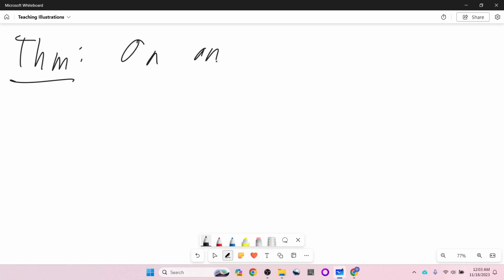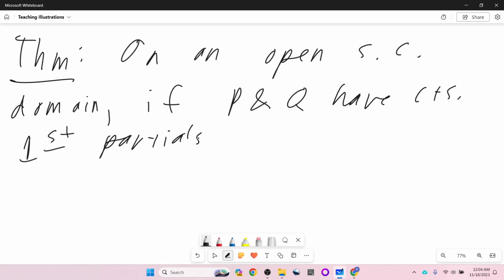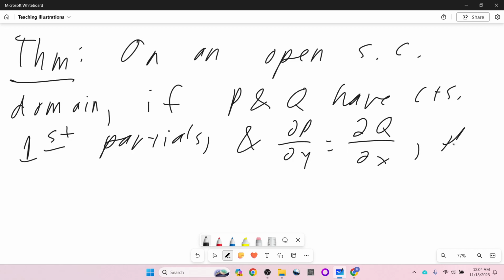On an open, simply connected domain, if P and Q have continuous first partials, and del P over del Y equals del Q over del X, then F is conservative.